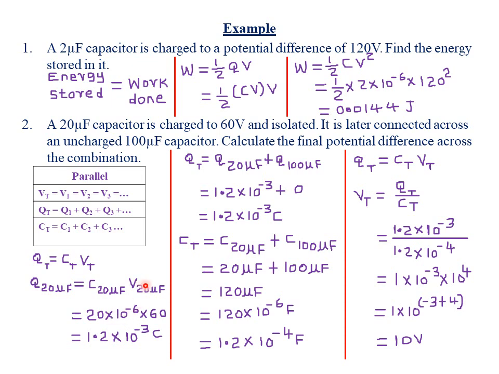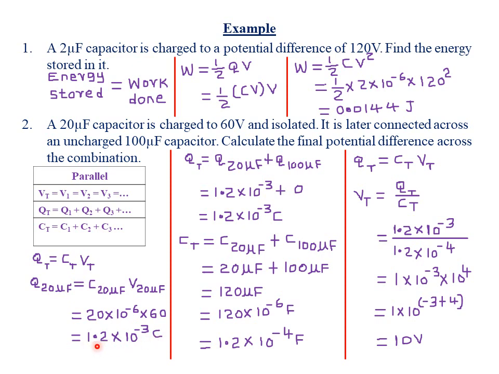Then the potential difference across the 20 microfarad capacitor, we are told that it was charged to 60 volts. So 20 times 10 power negative 6 times 60 will simply give 1.2 times 10 power negative 3 coulombs.